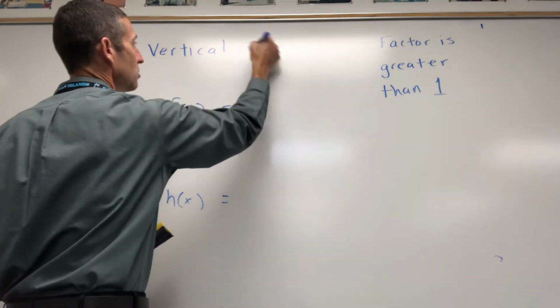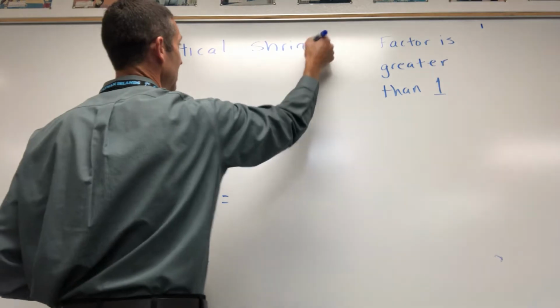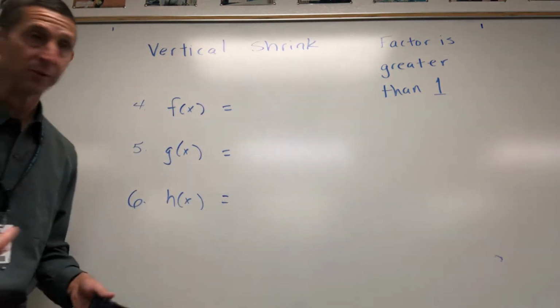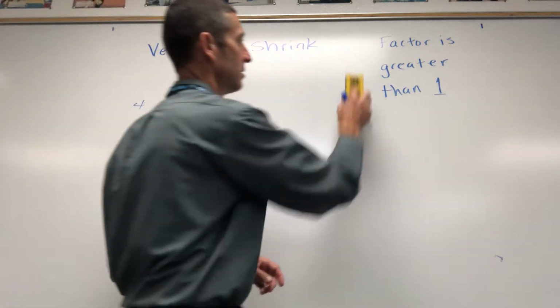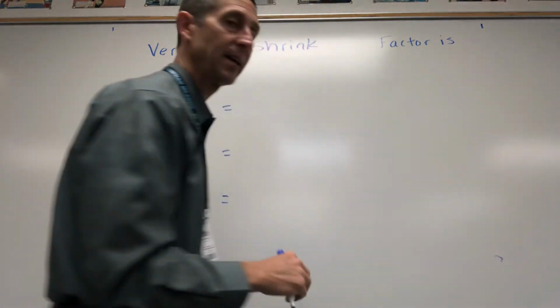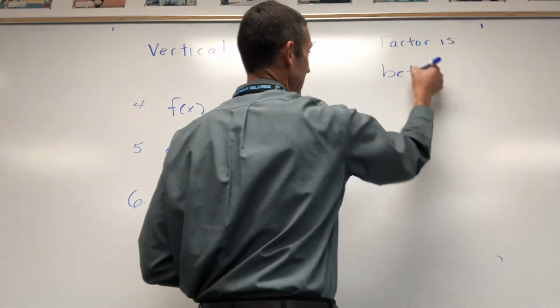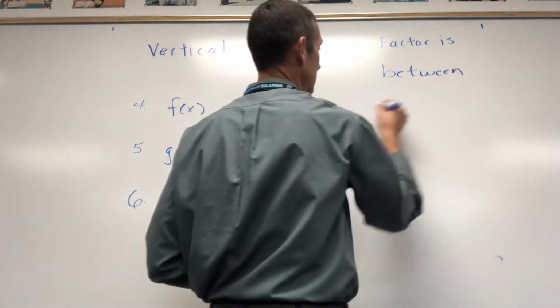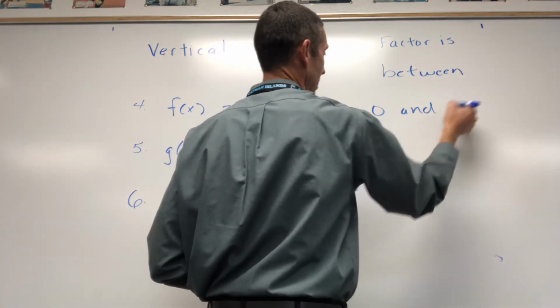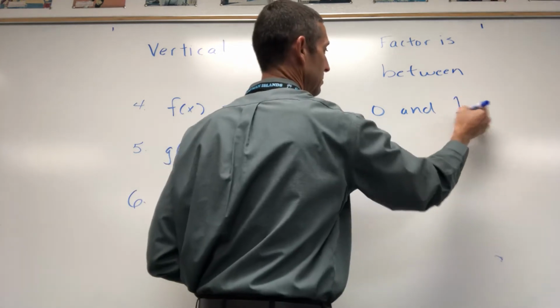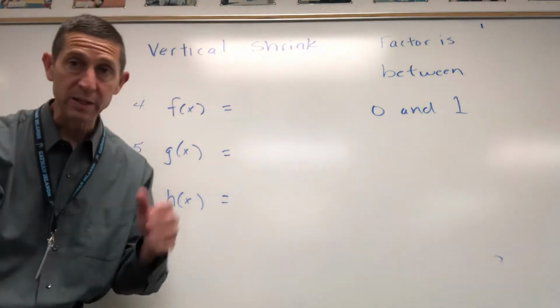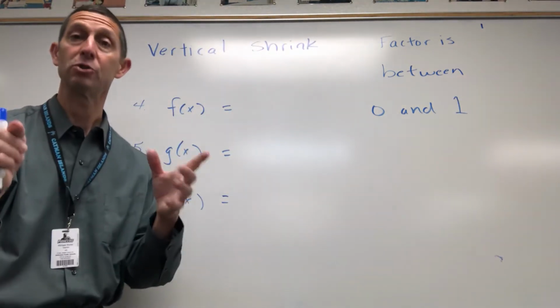So a vertical shrink will affect your graph differently. This time your factor is like a fraction. It has to be between 0 and 1. So to be between 0 and 1 is a vertical shrink.